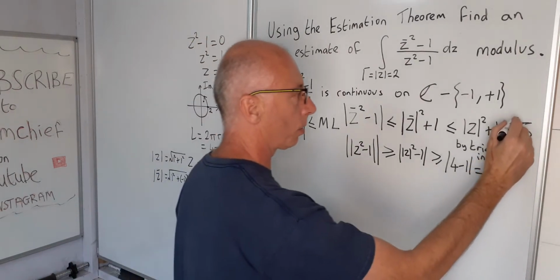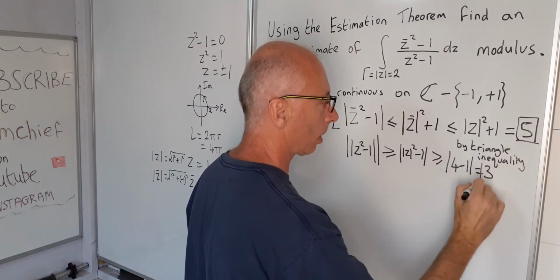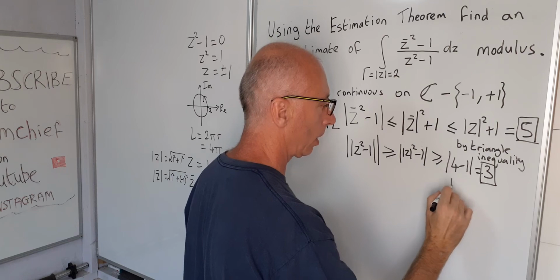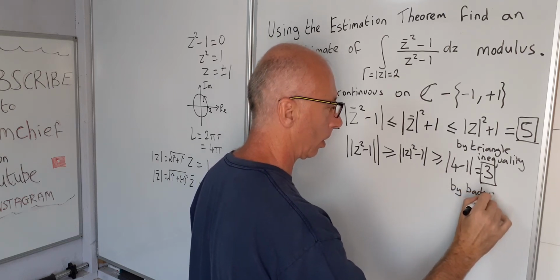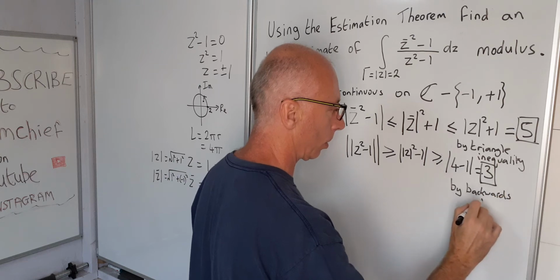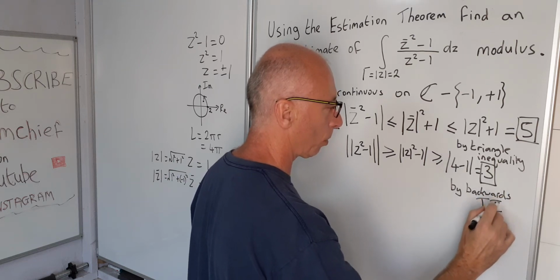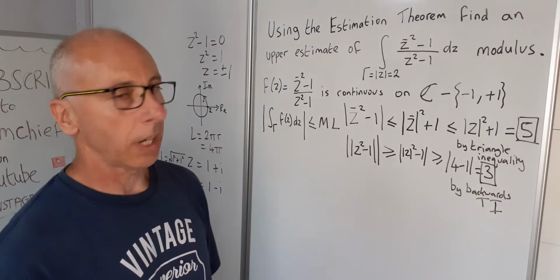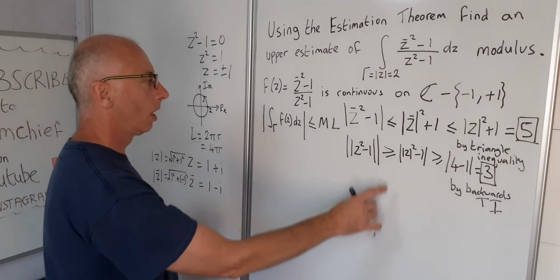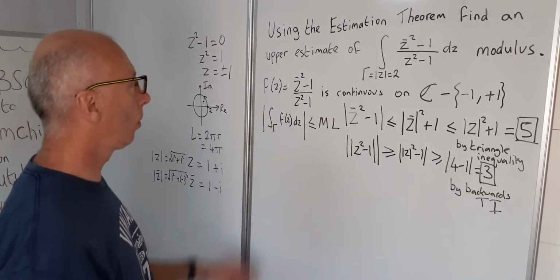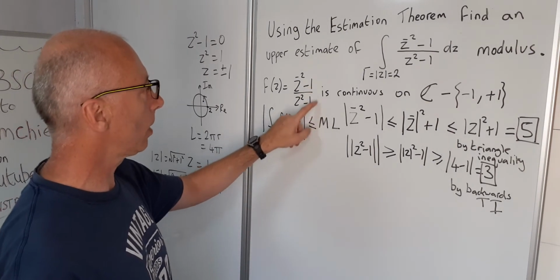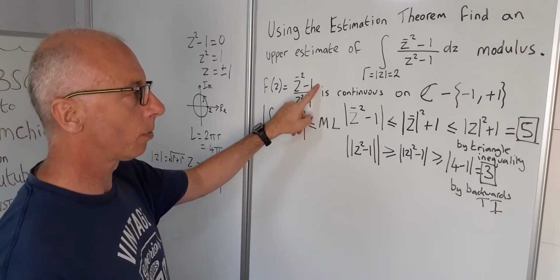So these are our 2 important values that we've got here, and this is by the backward triangle inequality. I'll just put TI for short. Same thing there. Okay, so we've now got a 5 and a 3 for the values of this f of z in the numerator and denominator.